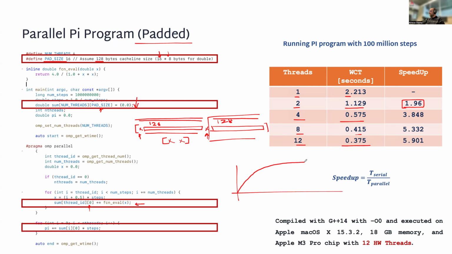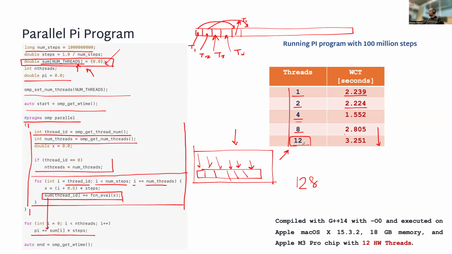So as we add more threads or more cores, so this is P, and this is the speed up, you see that we reach a saturation point, which is called Amdahl's law, which we talk about in the next lecture. But the good thing that we can see is that by avoiding false sharing, we can have a huge improvement in the performance, right?